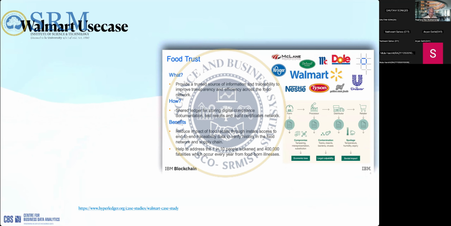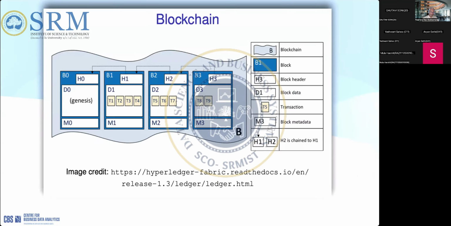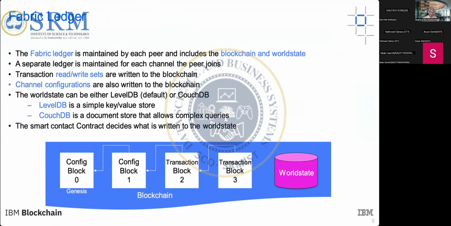That kind of information is stored in the other database, CouchDB. This is a document data store where you can store information in the form of documents, and it also allows running complex queries. It is the smart contract which decides what needs to be written to the world state and how the logic flows.